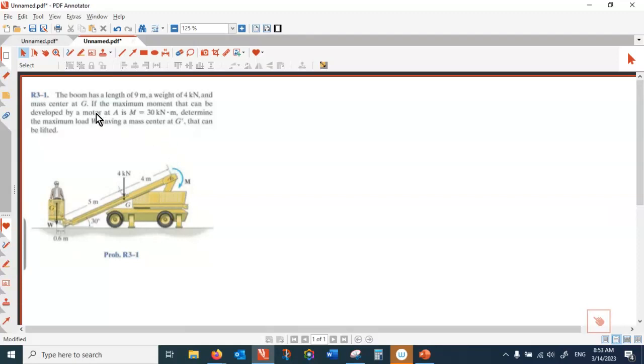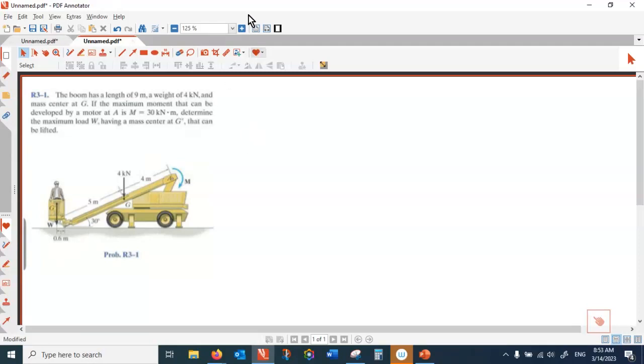But then a motor is exerting a moment of 30 kilonewton-meters in the clockwise direction. For this system to be at equilibrium, what is the maximum weight of the person who is sitting there? That person is 6 meters away from the tip of the boom.